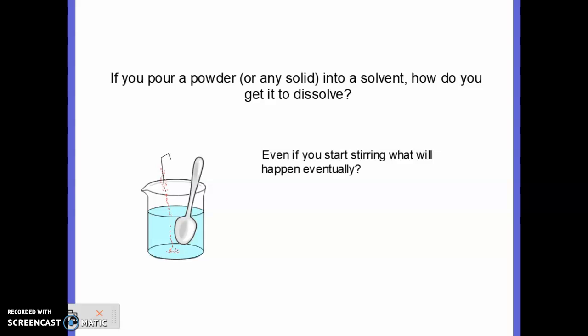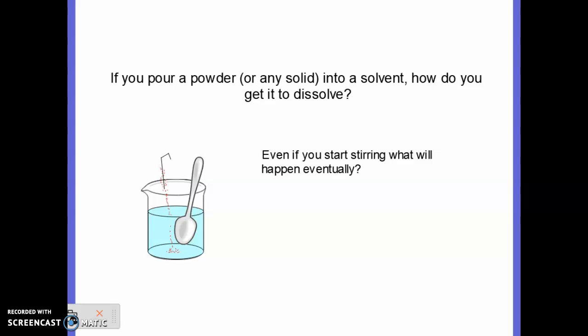If you pour a powder or any solid into a solvent, how do you get it to dissolve? Even if you start stirring, what will happen eventually? So usually, if we're pouring a powder into a solvent, we are going to help it dissolve by making it warmer, changing the temperature, increasing the surface area.